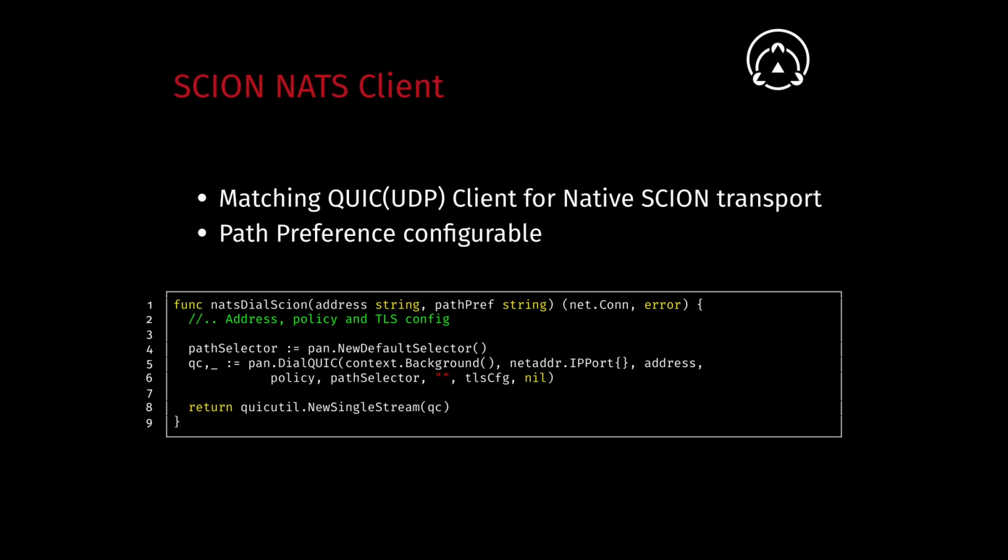And then in lines 5 and 6, I'm just going to go ahead and dial QUIC, and that's going to call out and establish a connection just like it would for TCP or something like that. And then all I'm doing is returning the stream, which returns the same interface that's compatible with the net connection that I need to provide everywhere else within NATS.